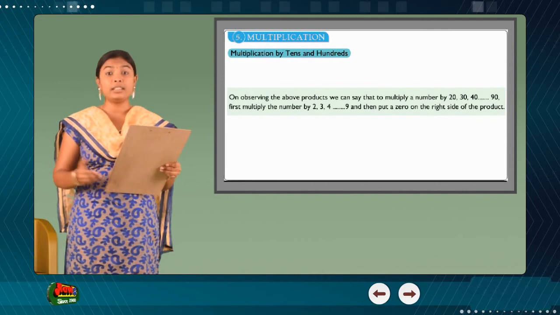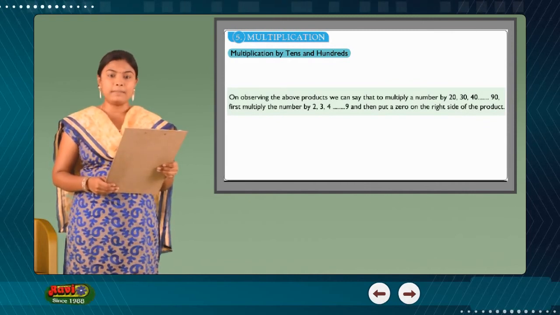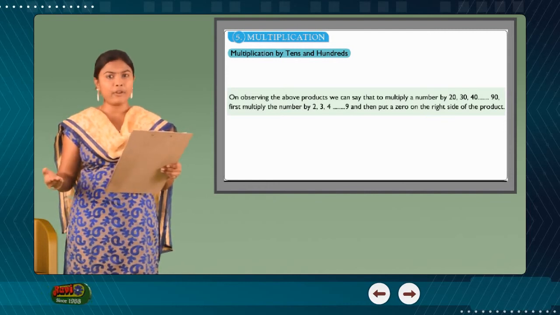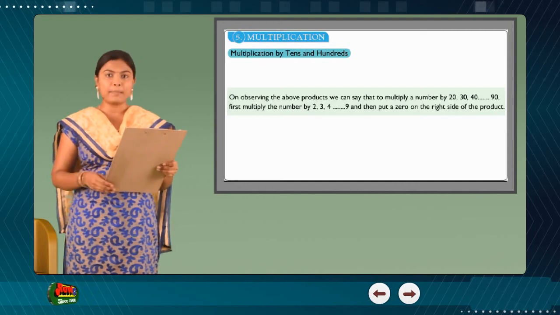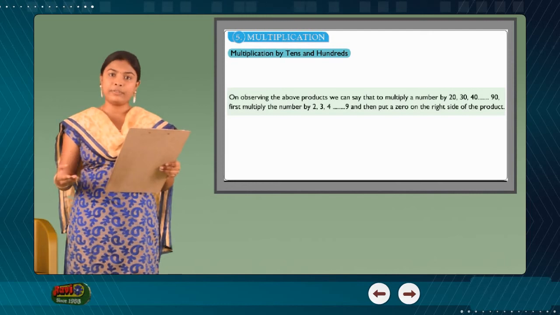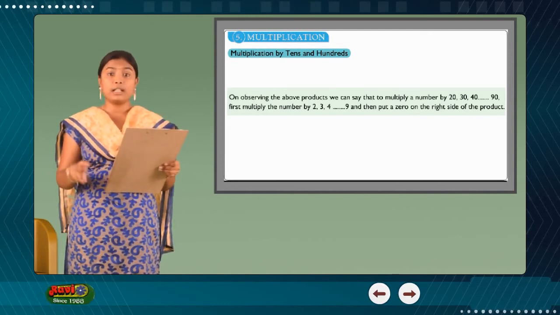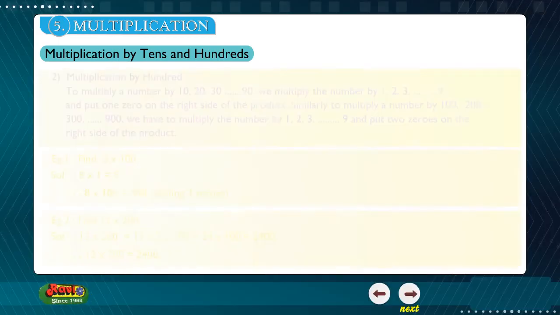On observing the above products, we can say that to multiply a number by 20, 30, 40 and so on to 90, first multiply the number by 2, 3, 4 and so on to 9 and then put a 0 on the right side of the product.